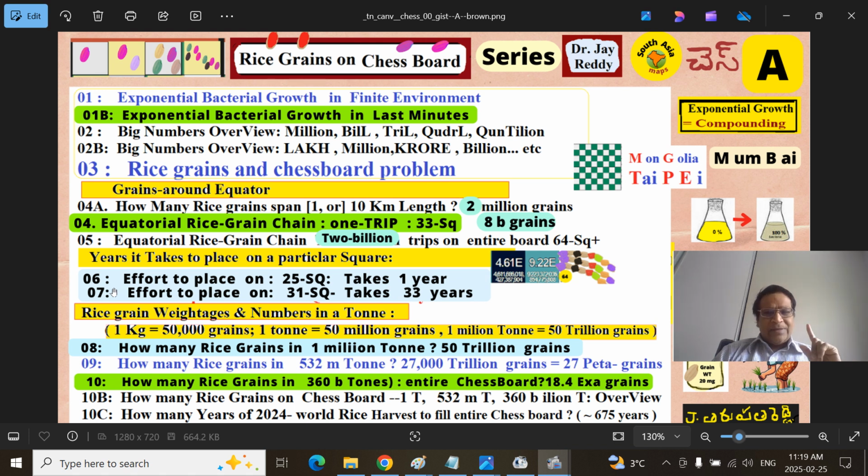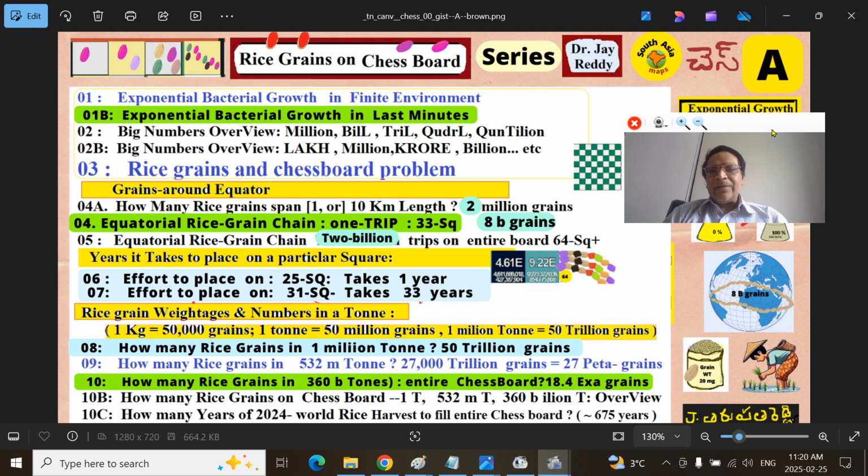That is a subjective assumption, and it will take 1 year to place the grains on the 25th square and all before it. You might think the next squares up to the 30th you can do very easily, but it will take 33 years. Why should it be the 30th square here, and why will it take 33 years?